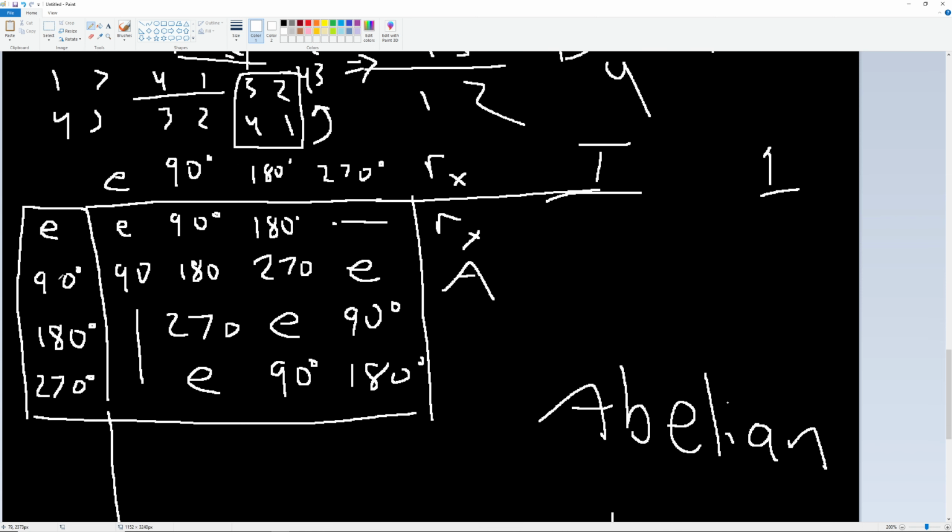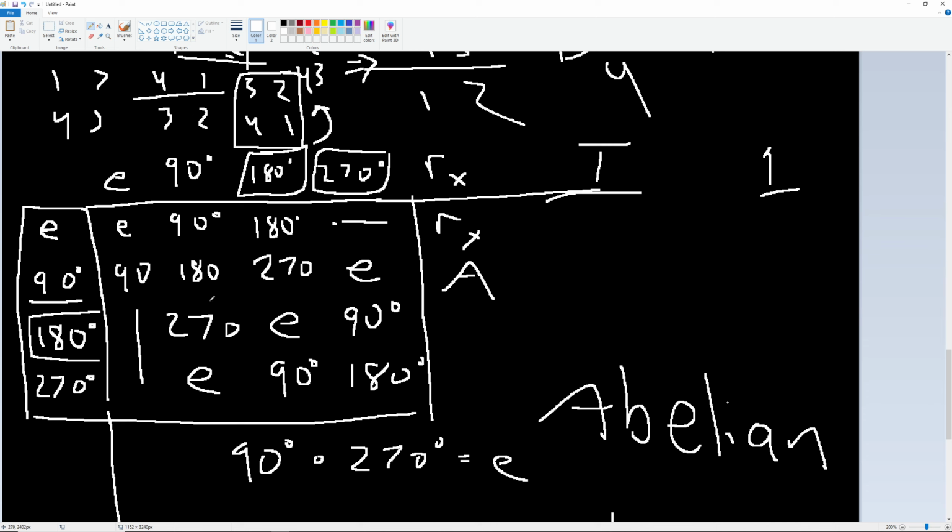And looking here, the inverse element of 90 degrees is going to be 270. If we compose these, 90 degrees composed with 270 degrees is going to be 360, which is the identity here. The inverse element of 180 is 180. It can be its own inverse, there's no problem. And the inverse of 270 is 90.